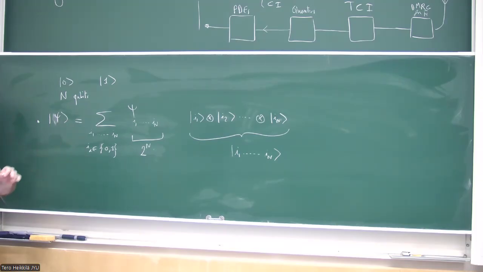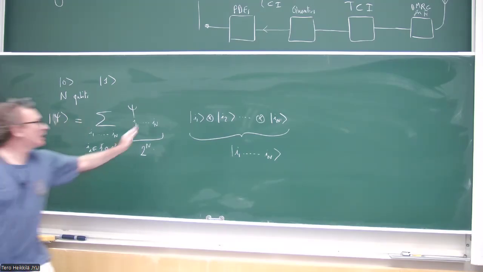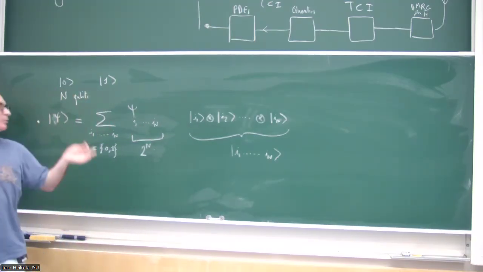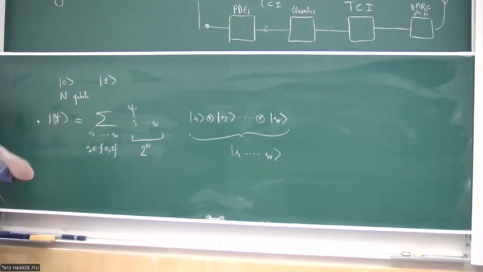The whole is much bigger than the sum of the parts separated. That's what quantum entanglement is all about. So the entire state is not described by each state separately, but by a much bigger object that contains all the entanglement. And if we can do that in a controlled way, if we can create the state that we want, then maybe we can do things that we wouldn't be able to do on a classical computer. Okay?